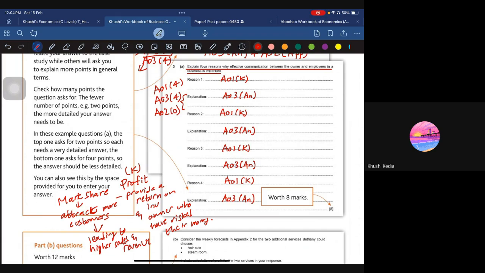Now, consider this: if it was a 6 mark question, you would have been given 1 mark here for the market share and 1 mark here for attracting more customers, right? For the analysis, you want market share so that you attract more customers to buy from you.